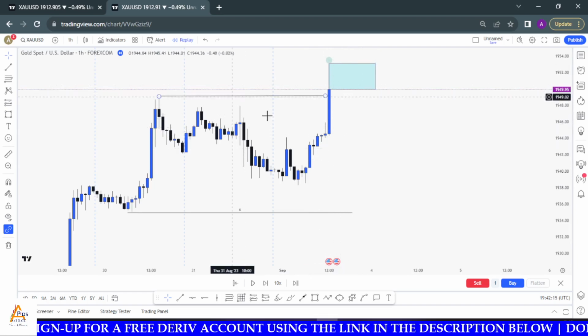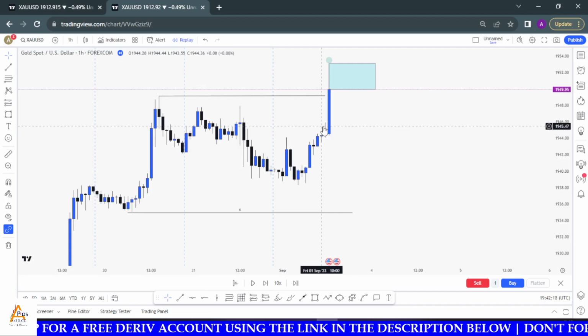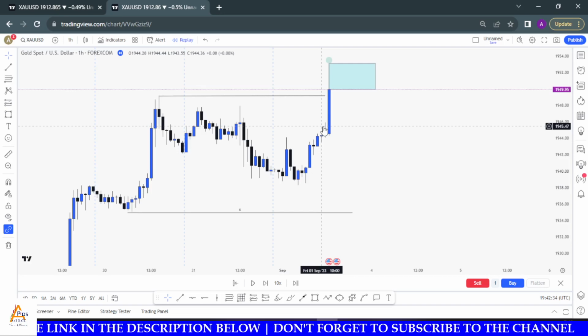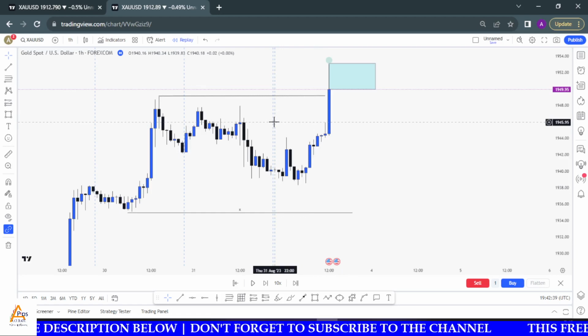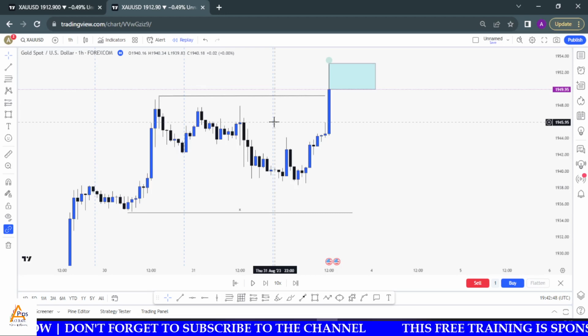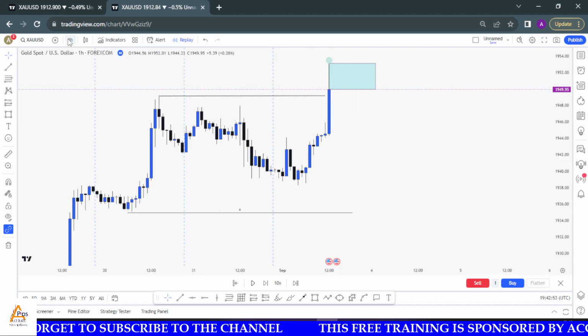So what we are going to do is go down to the lower time frame and look for confirmation. Remember, we are in an uptrend, so with this type of move we are just going to be doing short-term sells, until maybe we get to our decisional OBs or extreme OBs to continue with buying in the market, okay?